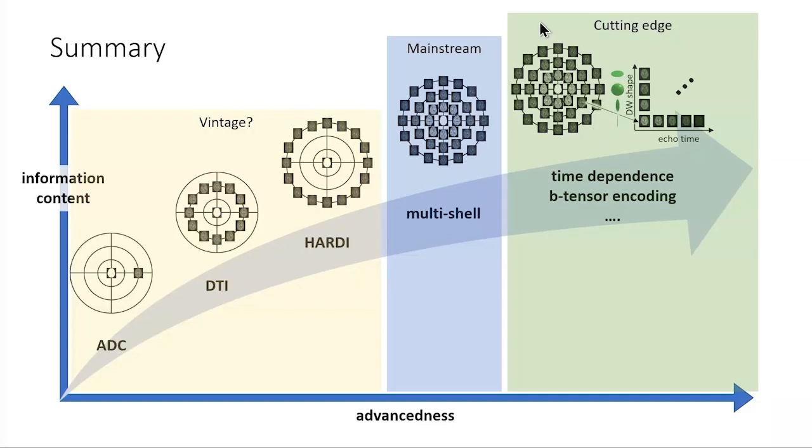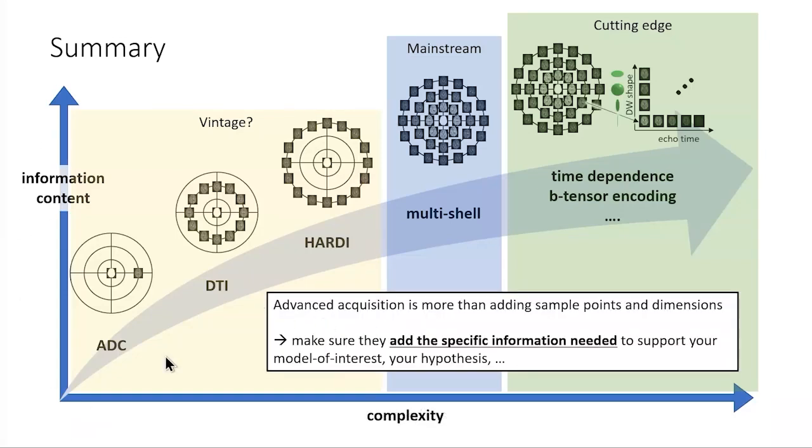And then finally, I've also shown you more cutting-edge techniques, which extend the sequences to a high-dimensional acquisition space. And what is important to realize is that just adding more complexity to your acquisition is not enough to have an advanced acquisition.